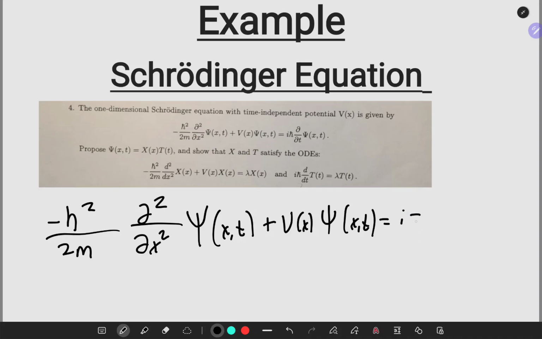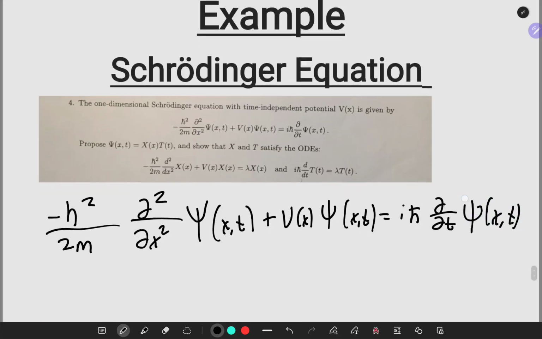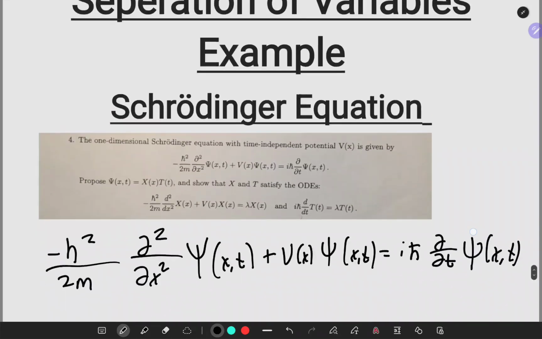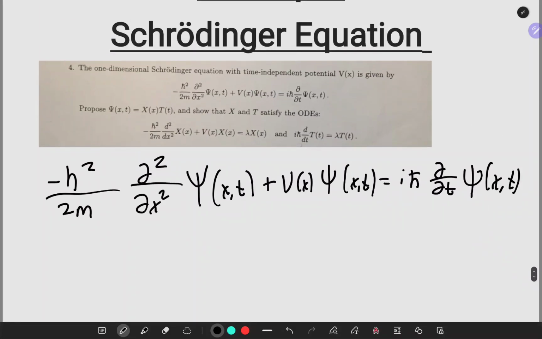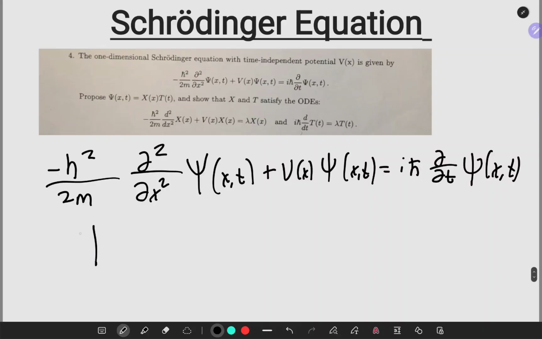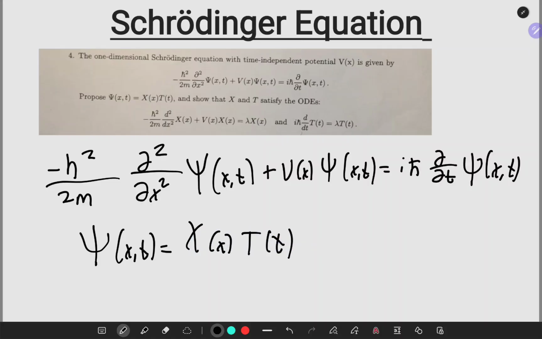We'll just treat it, I think it's a line, times psi of x, t. So we propose psi of x, t is equal to X of x times T of t, and show that X and T satisfy the ODEs, and they give us the answers.